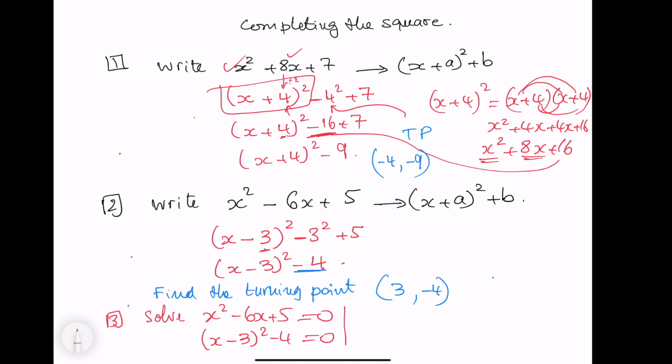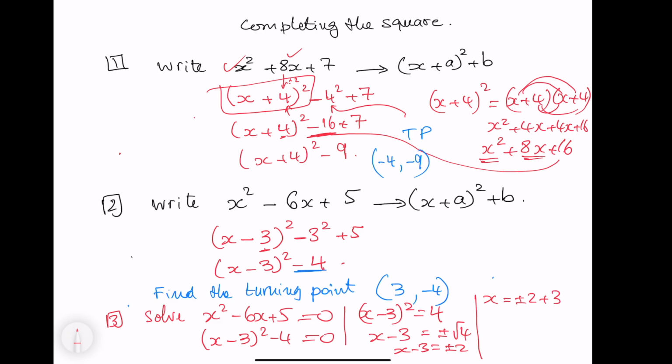Then move the 4 to the other side, it will be x minus 3 squared is equal to 4, and then x minus 3 equal plus minus square root of 4, x minus 3 equal to plus minus 2, yeah? Then you just have to move the minus 3 to the other side, and you will have x equal plus minus 2 plus 3, yeah?